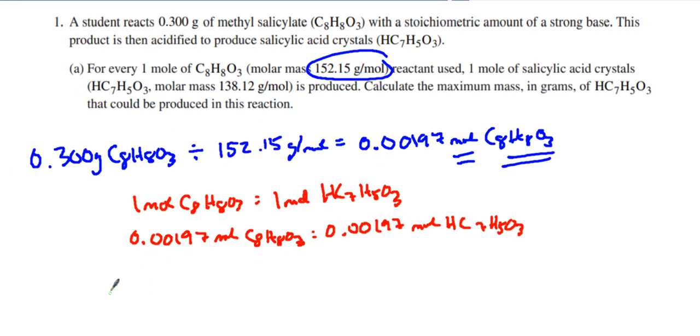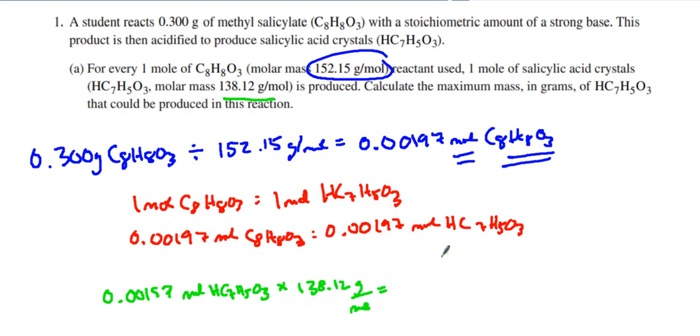And now we take our 0.00197 moles of the HC7H5O3, and you can see they gave us the molar mass of that compound. So times 138.12 grams per mole. I like to do this step by step. It makes it clear for AP reviewers.